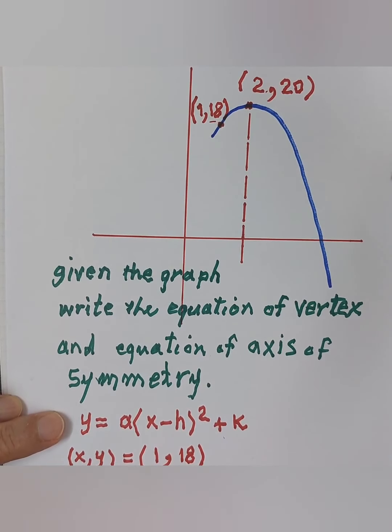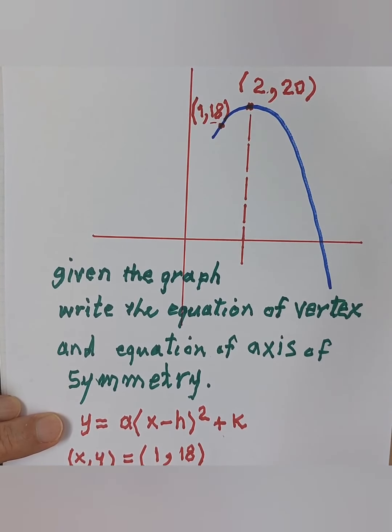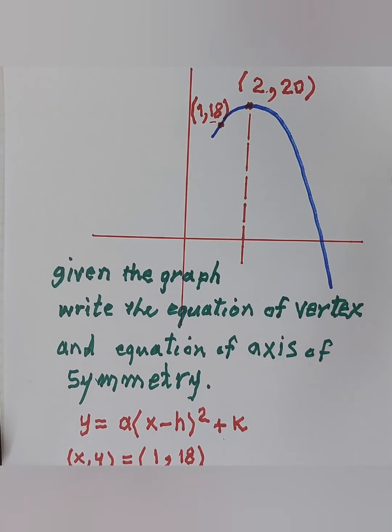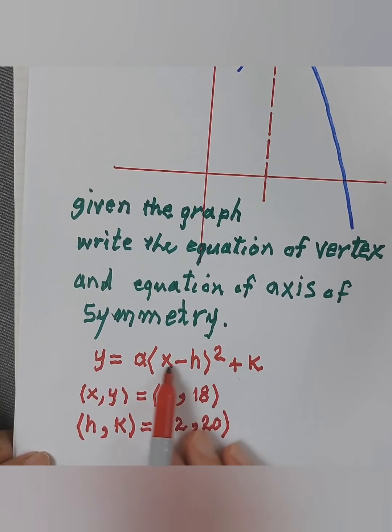And h and k are the coordinates for the vertex point, which is (2, 20). So we start to make substitution from these values in the general form here.